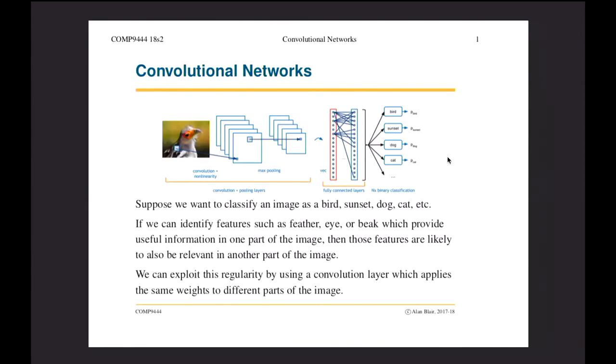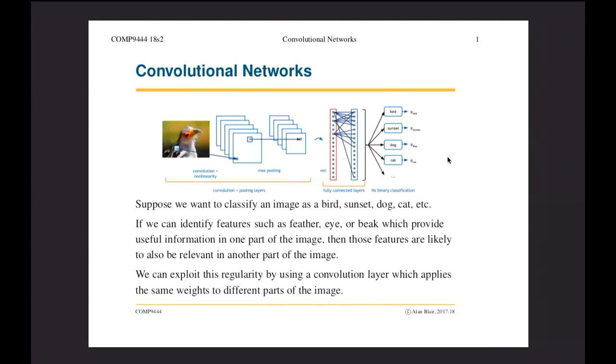But people started to realize, people like Leon Bottou and Yann LeCun in the 1980s started to think, well, maybe we can come up with a network architecture that shares the weights across the image and makes use of what we know about the structure of images.